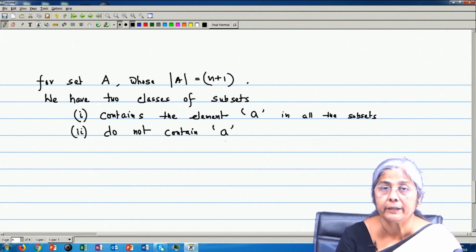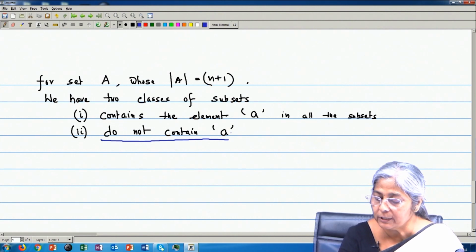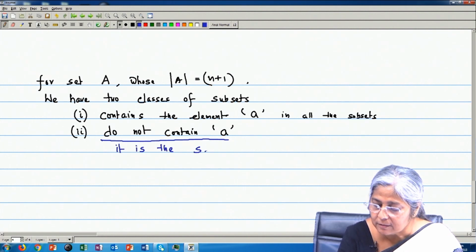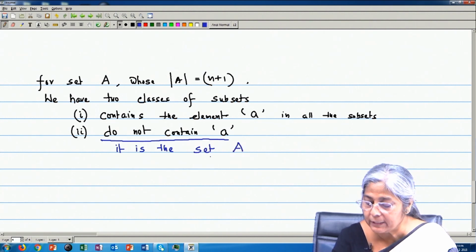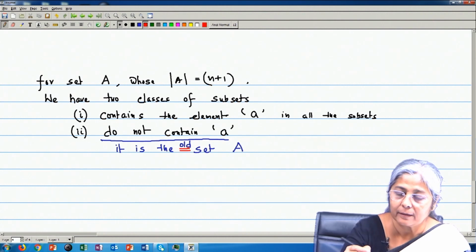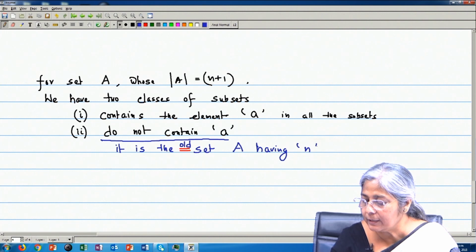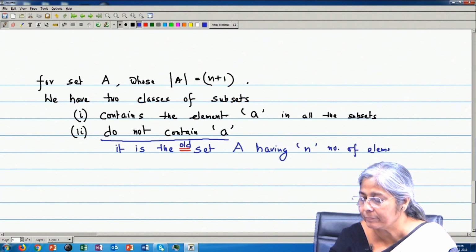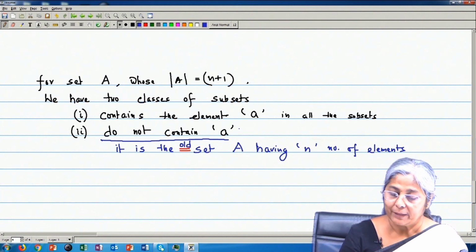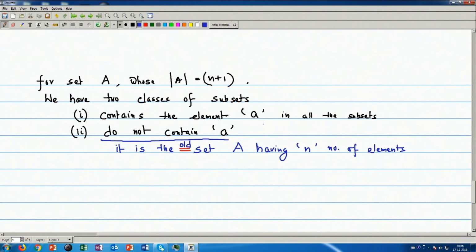Now, the subsets which do not contain a are nothing but those of the previous set, the old set A, having n number of elements, because this element we have just introduced, and the first category contains the element a only.